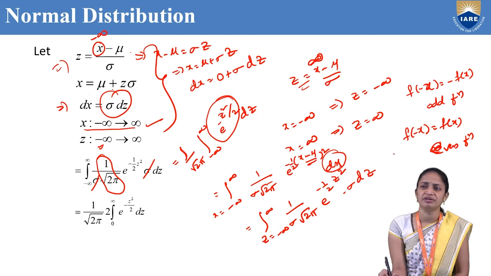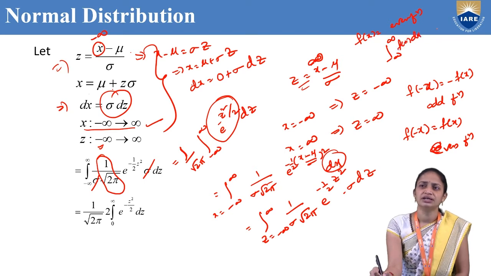If f of x is even, then integration over minus infinity to infinity f of x dx can be written as 2 into integration from 0 to infinity. This is for an even function. If f of x is an odd function, integration over minus infinity to infinity f of x dx will be 0.